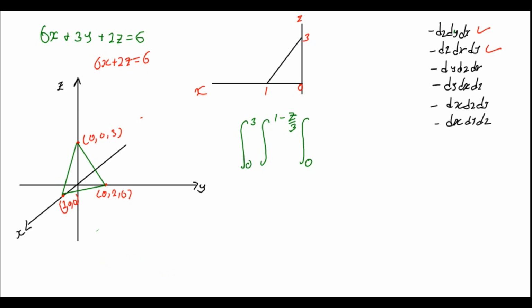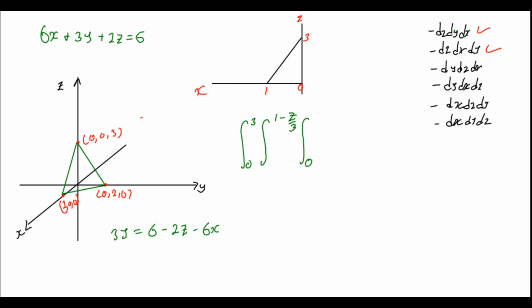So here's what we have. So we have that equation there, so you just have to make y the subject of the formula, so that would be 3y equals 6 minus 2z minus 6x.